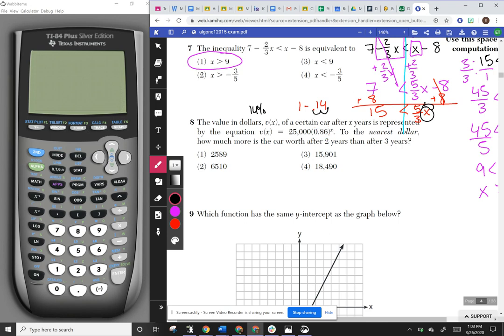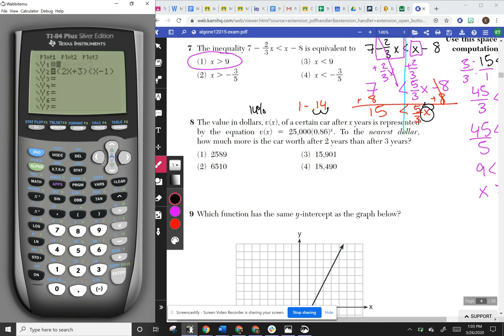So what we can do is put this in the graphing calculator, put it in y equals, and do 25,000 times 0.86 raised to the x power.